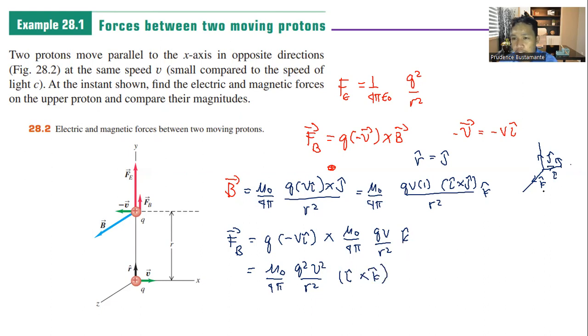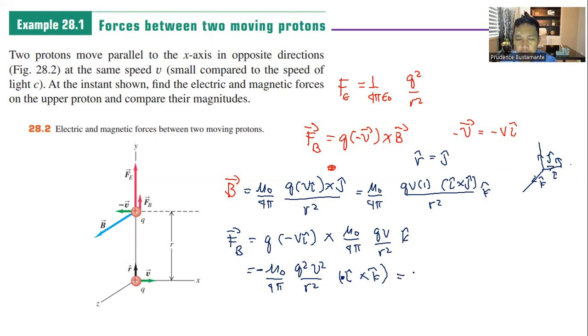For i cross k, going clockwise, we have a negative answer, negative j. If you put the negative here, i cross k is just equal to j.